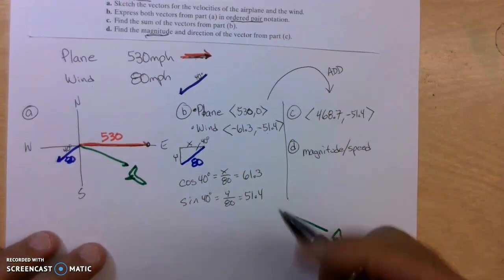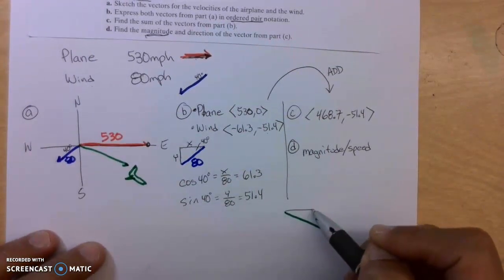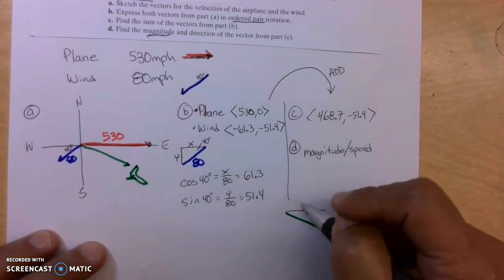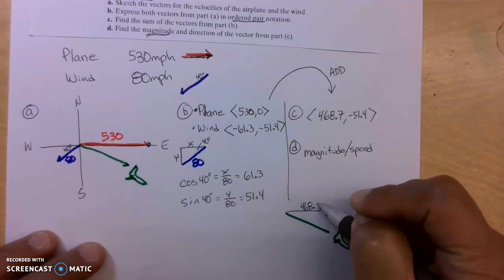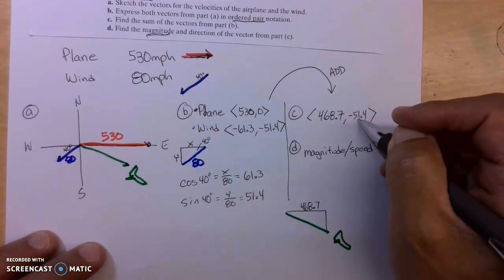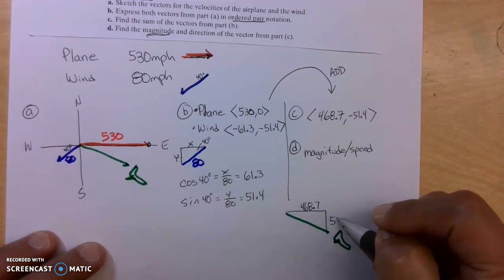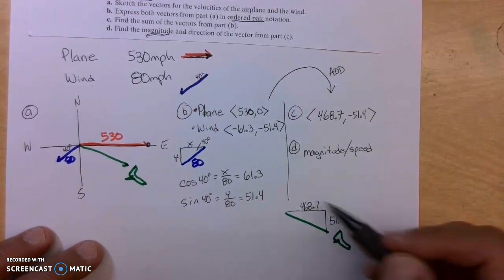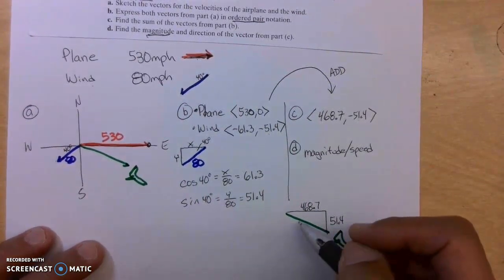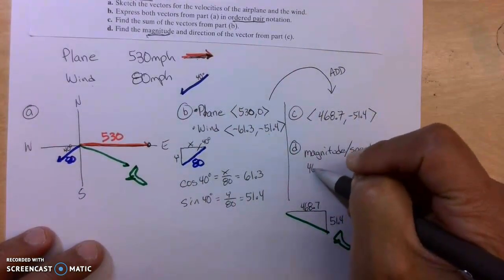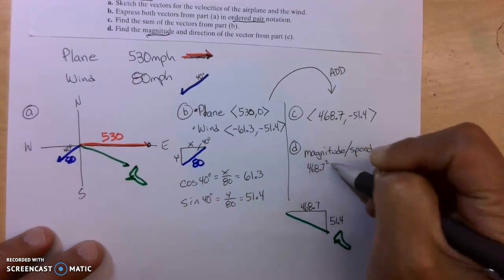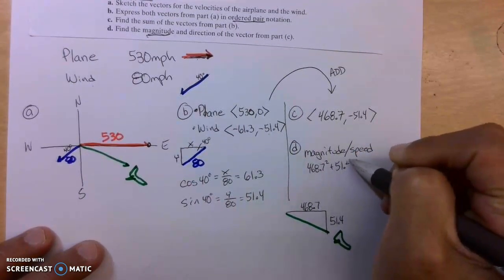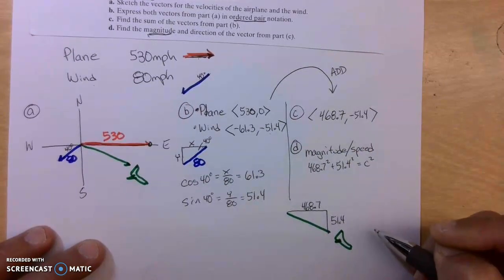We know that left to right, it is 468.7. Up and down is 51.4. We don't need the negative, it's just 51.4 south. We want the magnitude of this guy. We just do a squared plus b squared is equal to c squared.